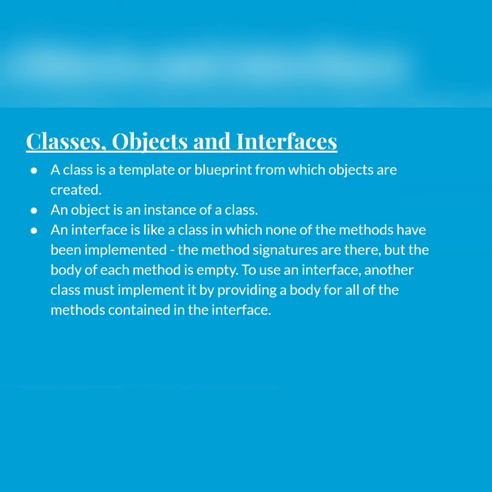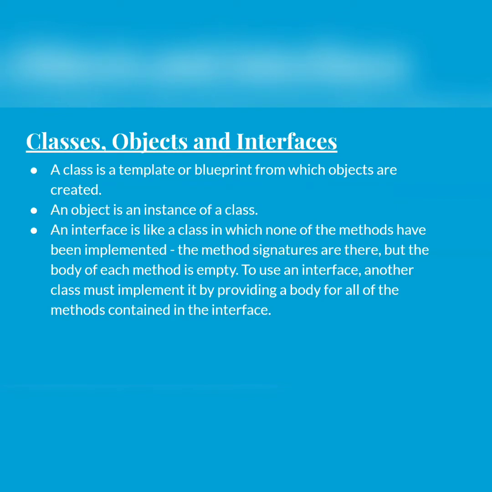So what are methods? Methods are like functions. Under a particular class, you're defining different functions, and whenever you call that method, you can use it. If you are to use an interface, another class must implement it by providing a body for all of the methods contained in the interface.